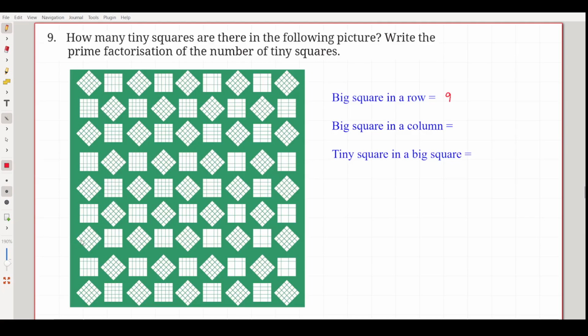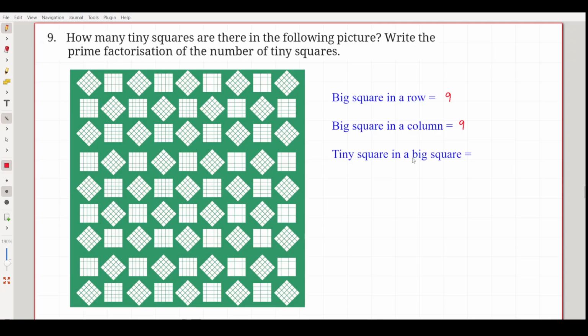In a column, how many squares? Here also, 1 2 3 4 5 6 7 8 9. So the column also has 9 squares.